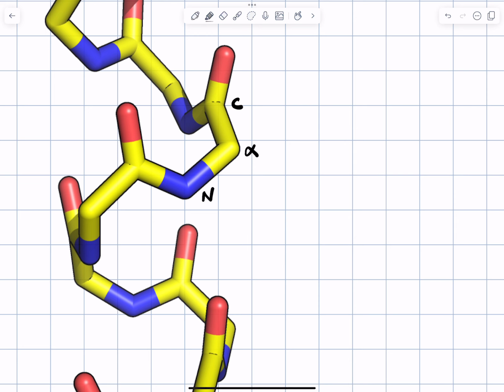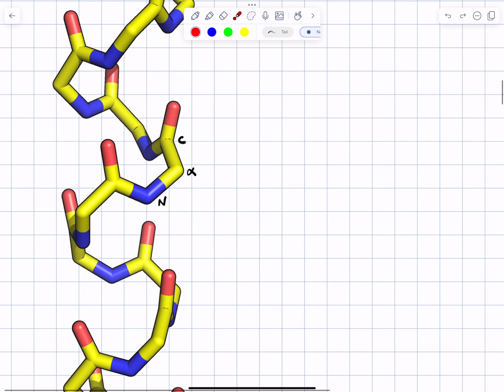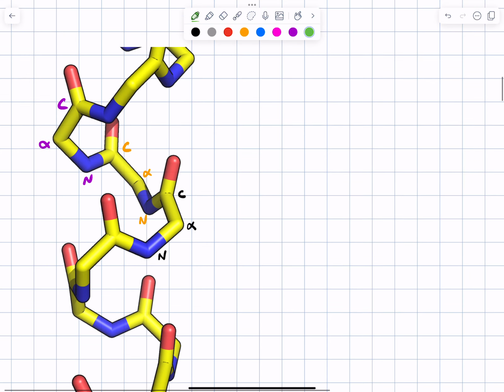That's one amino acid residue. We could maybe highlight that in purple, but it won't show up very well. And then this is the next one, N, alpha, and C. Then this is the next one, N, alpha, and C. And then here's the one after that, N, alpha, and C. All right.